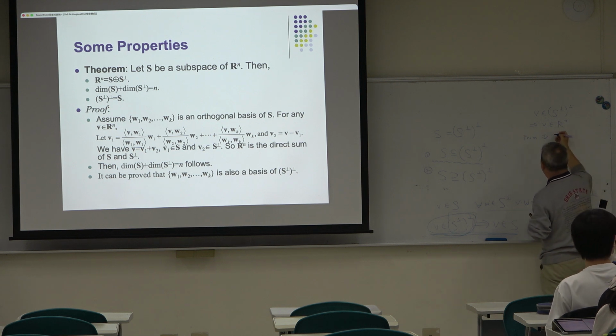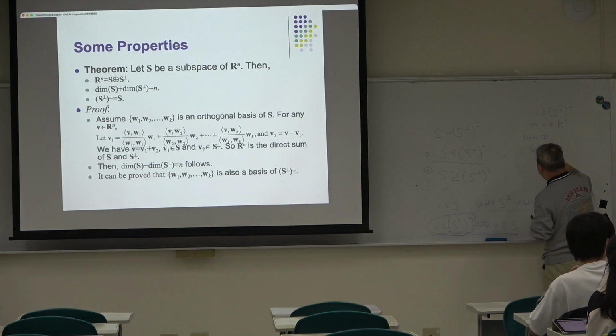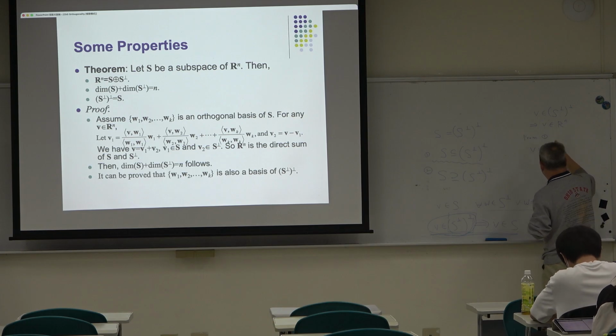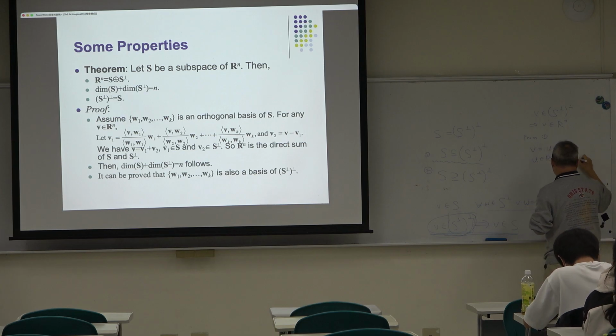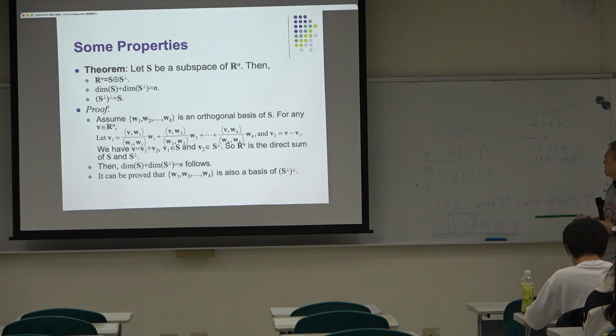we can say V is U plus W, where U belongs to S and W belongs to S orthogonal.